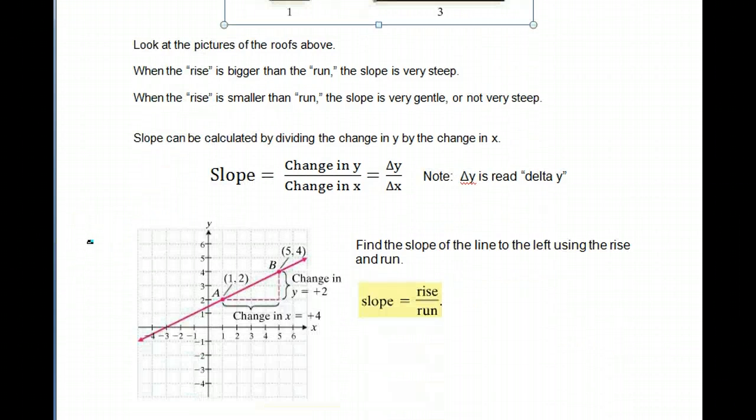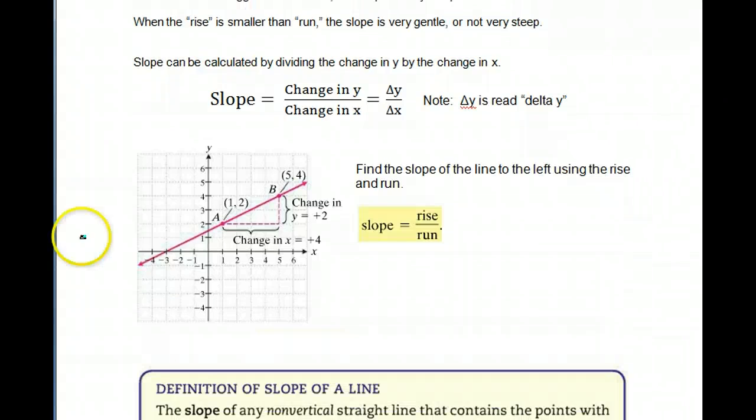Slope can be calculated by dividing the change in y by the change in x. And we have a formula right here to help us find slope.